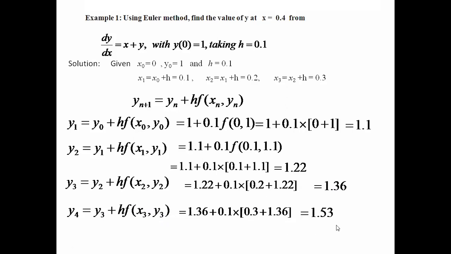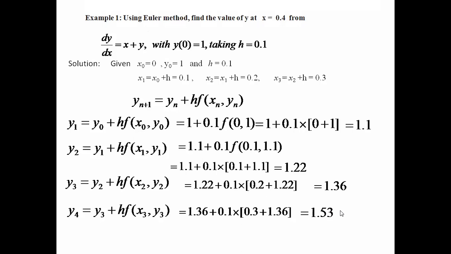Add it, it gives 1.53. This is the solution at x equal to x4, which is nothing but 0.4. So the solution for this differential equation at x equal to 0.4 is 1.53.